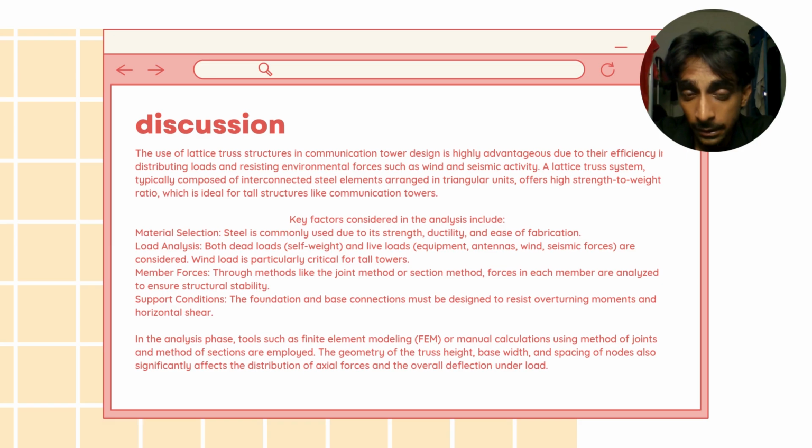The wind plays a huge role because the communication tower is built tall. The lattice truss is built using steel arranged in triangular units, offering a high strength-to-weight ratio, which is ideal for tall communication towers, as I said before.